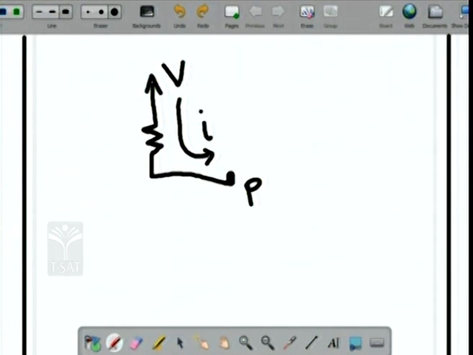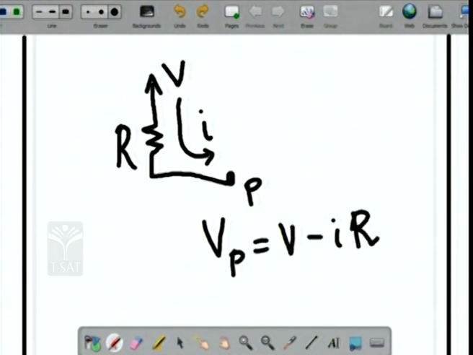Therefore, the voltage at the point P is V minus IR, where R is the internal resistance of that particular device. So Vp is equal to V minus I into R, and the higher the value of R, the smaller is the value of Vp.